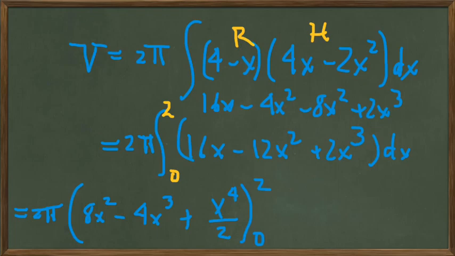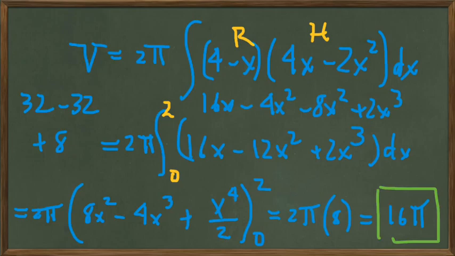Plugging in, we get 2 pi times 64 minus 4 times 8 minus 32, and 2 to the fourth over 2 would give us plus 8. Excuse me, when we plug 2 into 8x squared, that should be 32. So it's 32 minus 32 plus 8, so 2 pi times 8, or a volume of 16 pi.